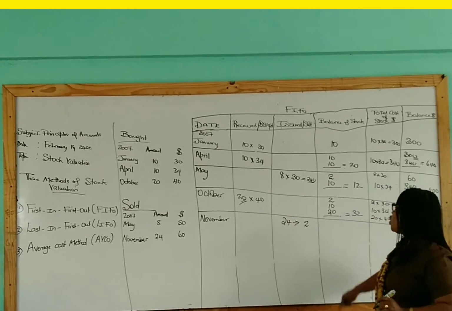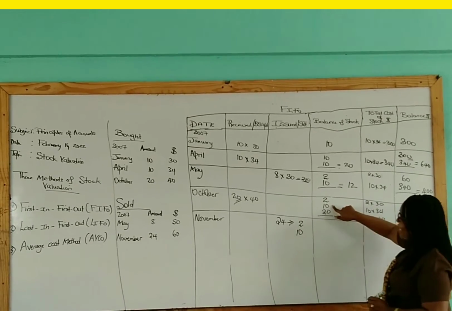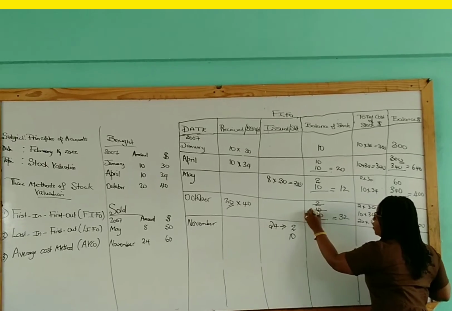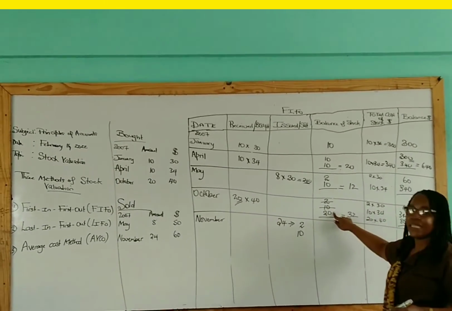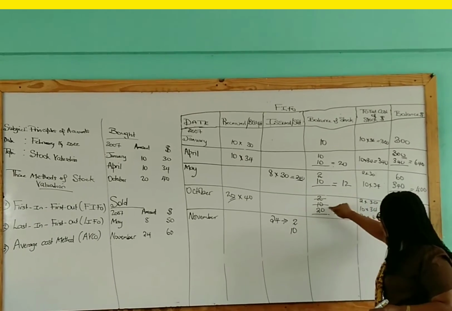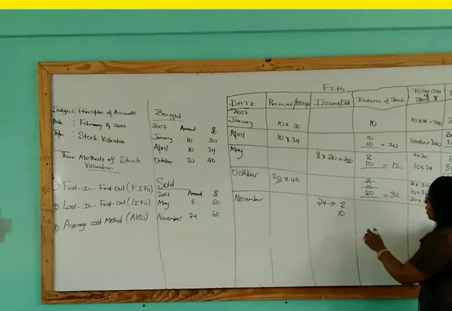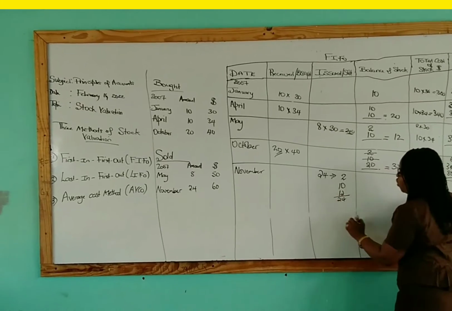So we're going to take up the whole of the 10 from April. So this is done, this is done. And this is only 12. That means we still need 12 more to make it to 24. So we're going to go into the last set of goods that were bought here and take out 12. So we take out 12 and we now have our 24 for November.